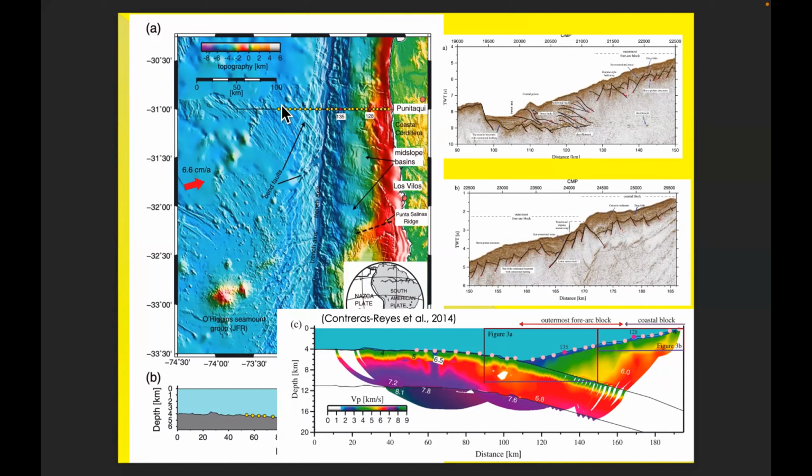Here to the north, the sediments at the trench are very little, and we have a very small frontal prism, and also a very interesting abrupt change in the velocities from the middle wedge to the inner wedge further landward. About here is the coast. This is the area, by the way, of the Illapel 2015 8.1, 8.2 megathrust earthquake.